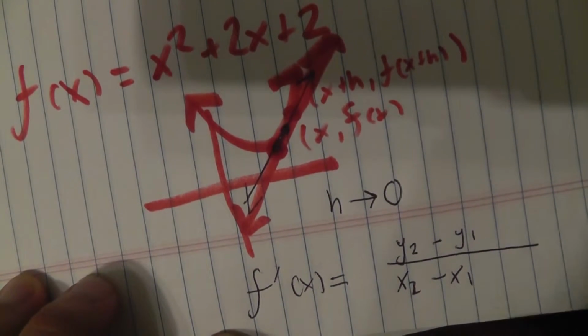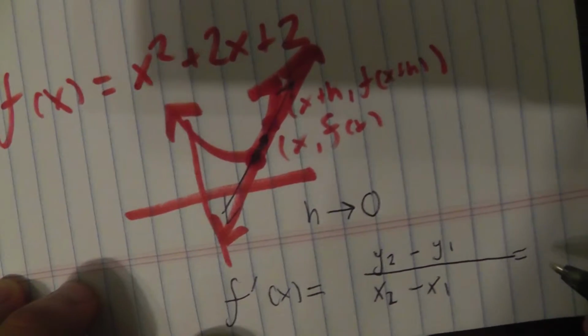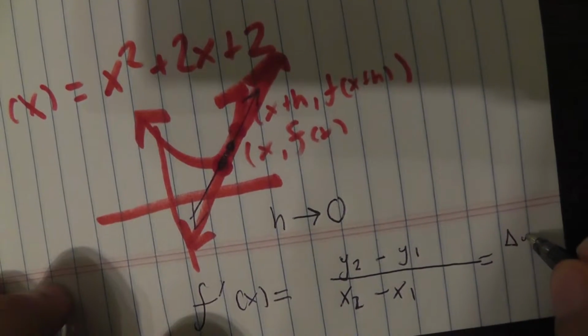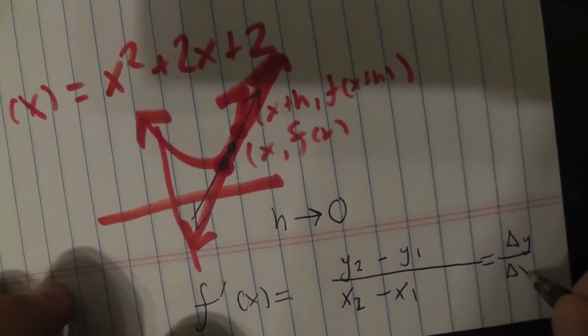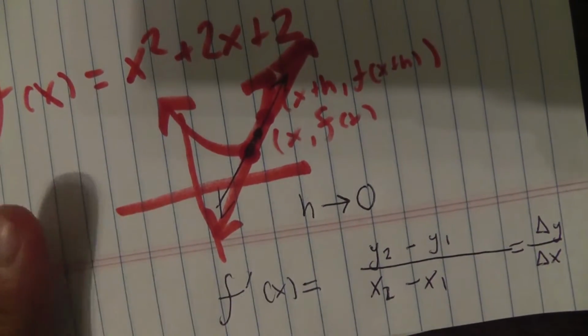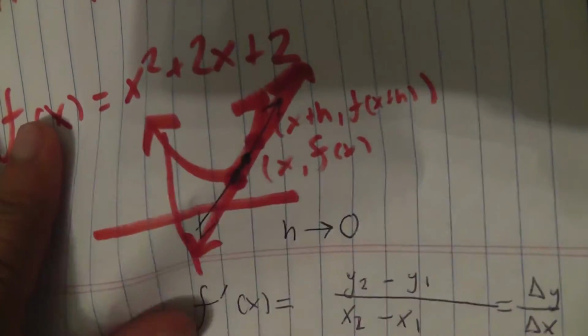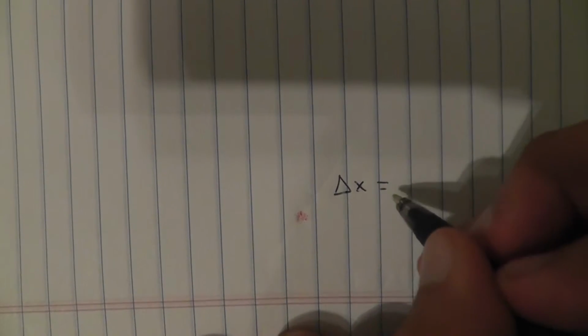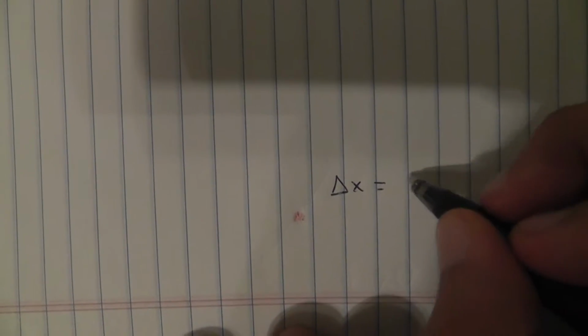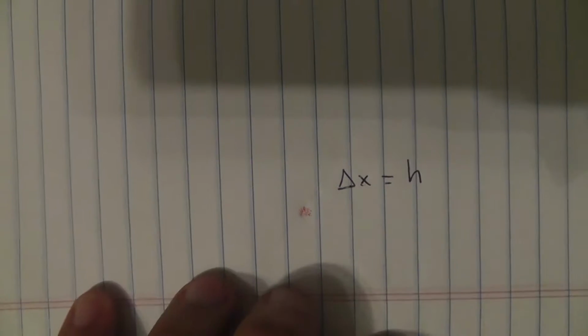Or if you so desire, the change in y over the change in x. Now, let's turn to the next page. Now, in this case, we already know what delta x is. It's h, because that is the distance between x and the other value of x that we're reaching.